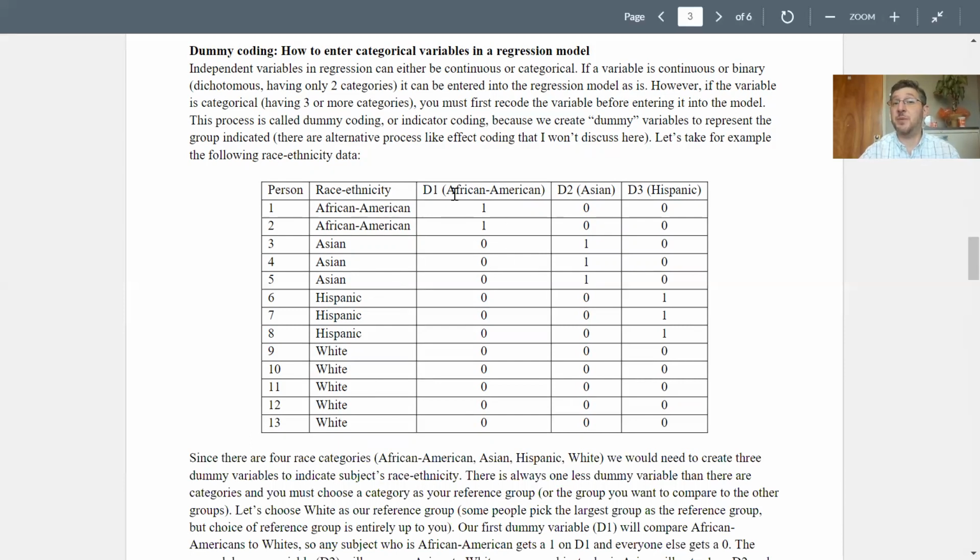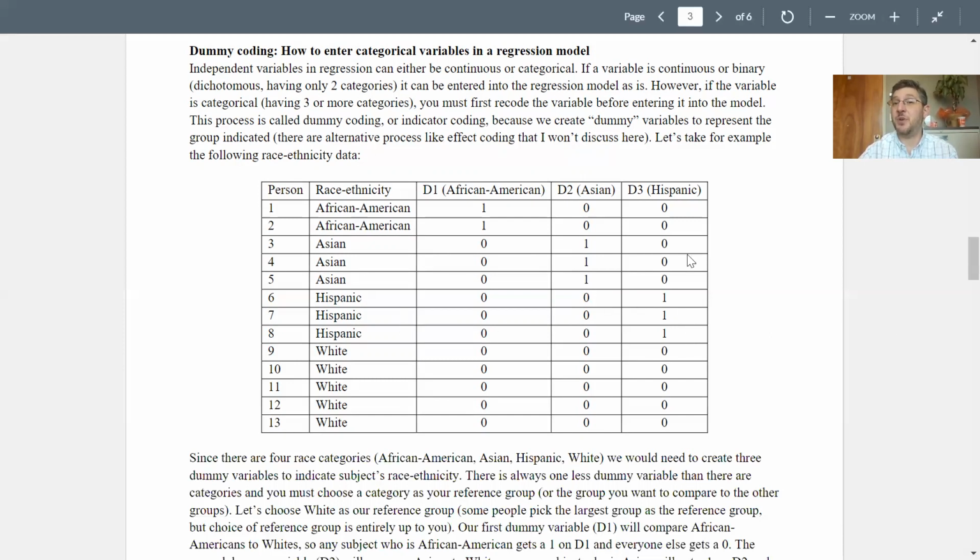We'd have a dummy or indicator variable for people who are African American. Anybody who's African American will get a 1 on that dummy variable, and everybody else will get a 0. You can have a dummy variable to represent those who are Asian. Anybody who is Asian will get a 1, everybody else will get a 0. You have an indicator variable for anybody who is Hispanic.